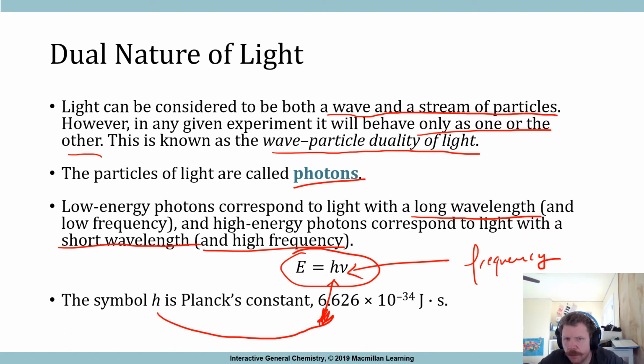So think about the units for frequency: those are inverse seconds. When you multiply joule seconds by inverse seconds, the seconds effectively cancel out because this is the same as 1 over seconds, so it's in the denominator. You're going to be left with joules. This draws a correlation between frequency and the energy associated with those waves.